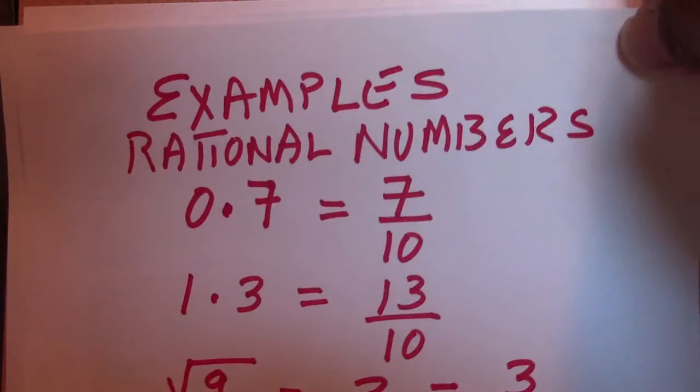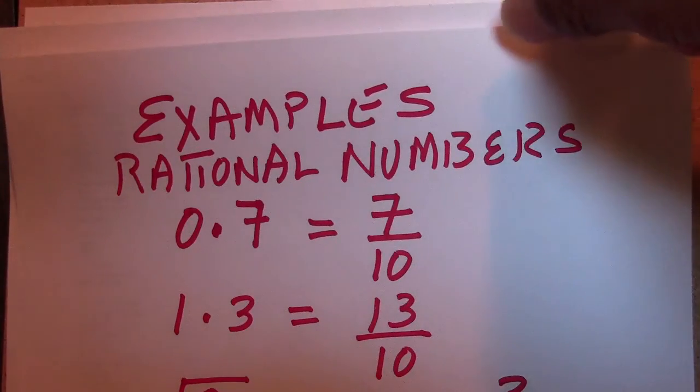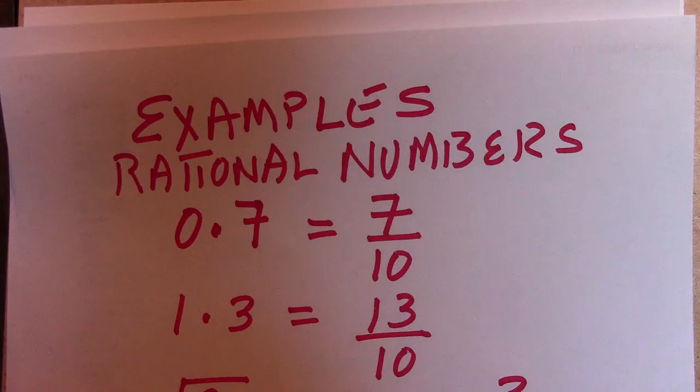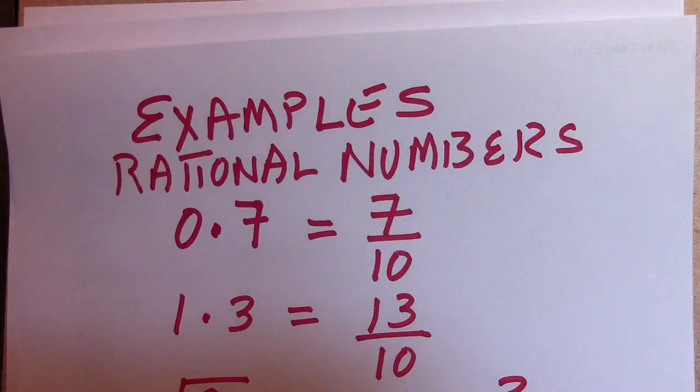Here are a few. The number 0.7 is a rational number because it can be expressed as a fraction 7 over 10. The number 1.3 is a rational number because it can be expressed as the fraction 13 over 10.